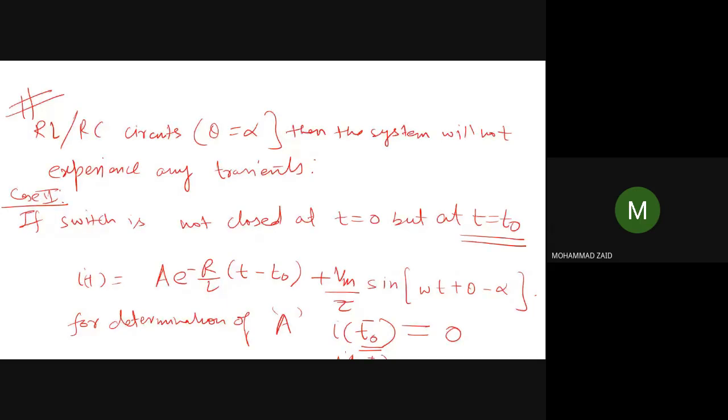If you put these conditions, the value of A will change: 0 equals A plus Vm by Z sine of omega t naught plus theta minus alpha.